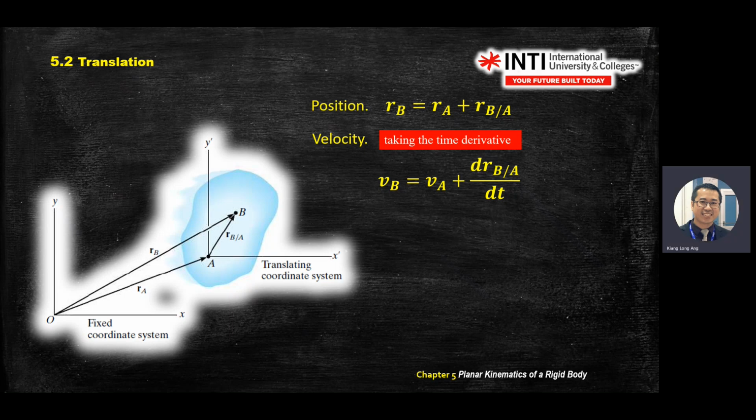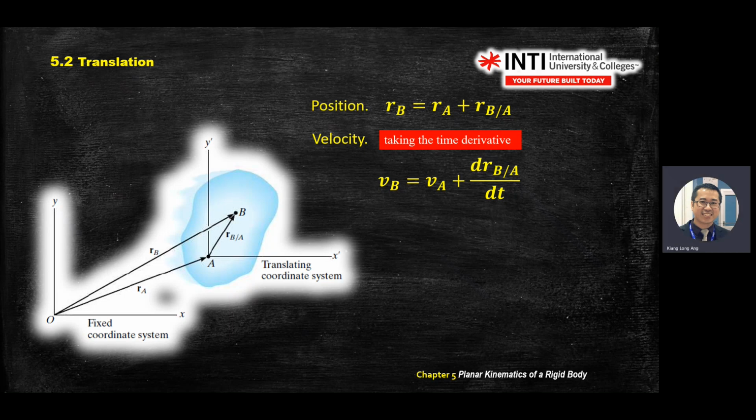Just now I mentioned AB is like my eyes and my mouth, right? What happens if you take dt of the distance between my eyes and my mouth? Not fixed?